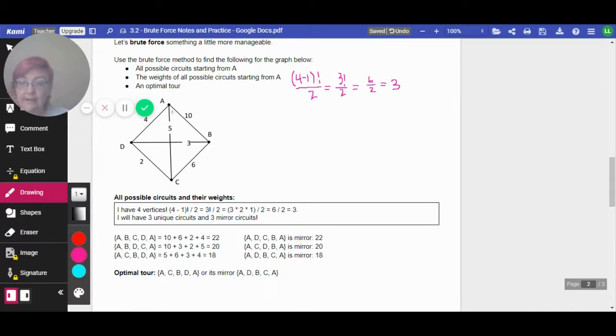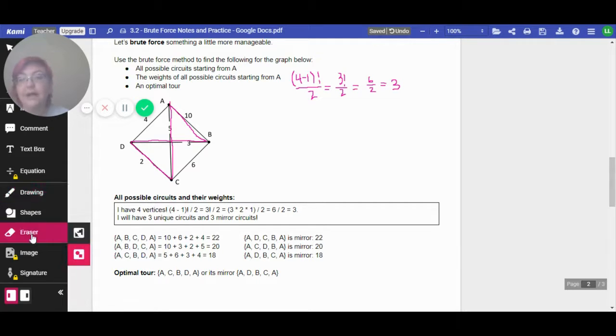We also have A to B to D to C to A, which is 10 plus 3 plus 2 plus 5, which is 20. And the mirror, ACDBA, is 20.